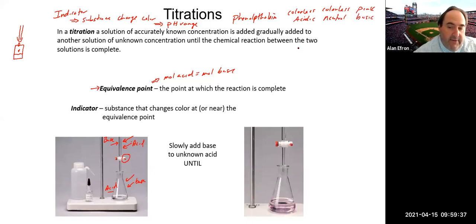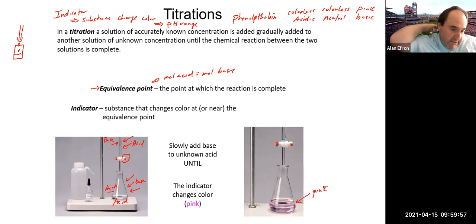And so that's probably the indicator that you maybe have used before. That's probably the indicator that we're seeing down here at the bottom. Again, no color to begin with, so that probably implies that this is an acid. This then turns a very, very light shade of pink, and that indicates to you that you should stop the titration at that point. You've reached the equivalence point.